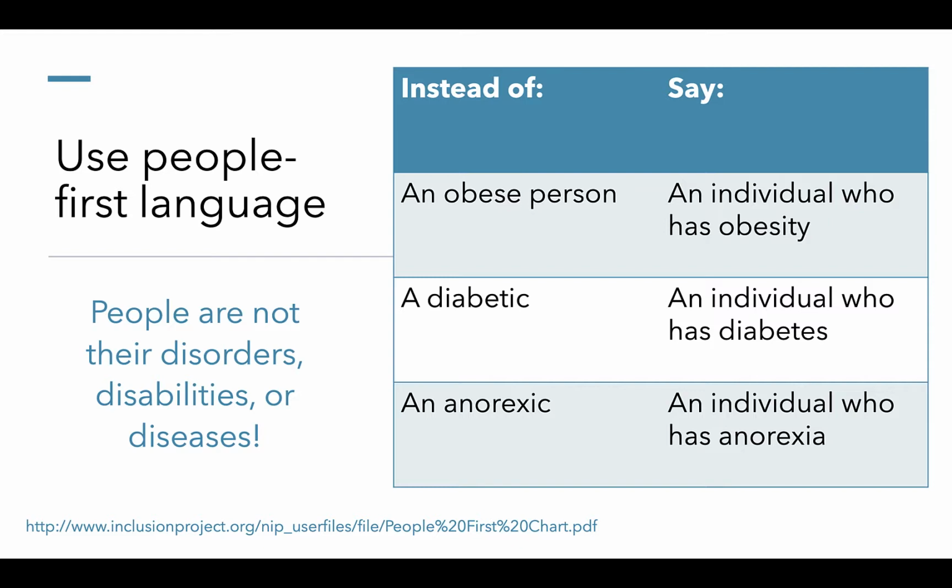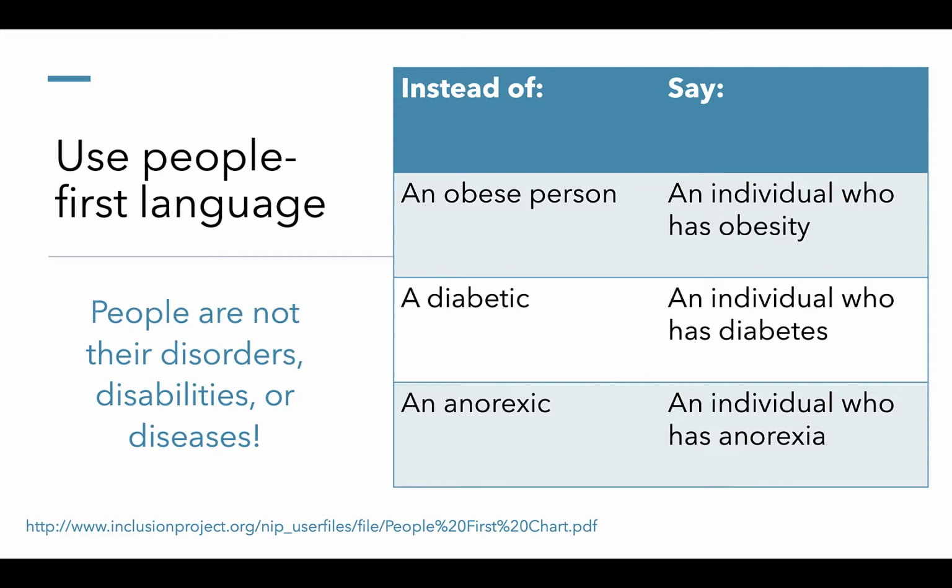So instead of saying an obese person, you should say an individual who has obesity. Or better yet, an individual whose weight status is classified as obese, or an individual whose BMI is classified as obese. Instead of calling someone a diabetic, refer to them as an individual who has diabetes. Instead of anorexic, an individual who has anorexia.